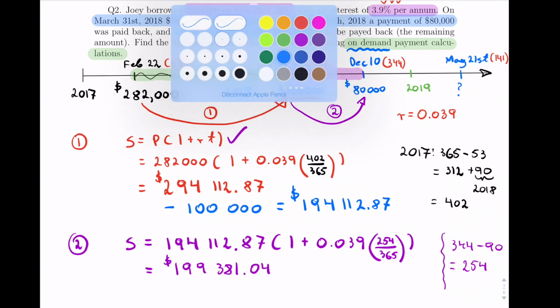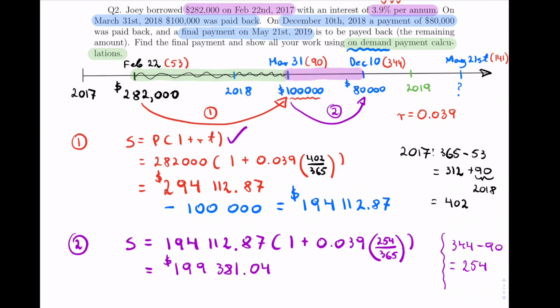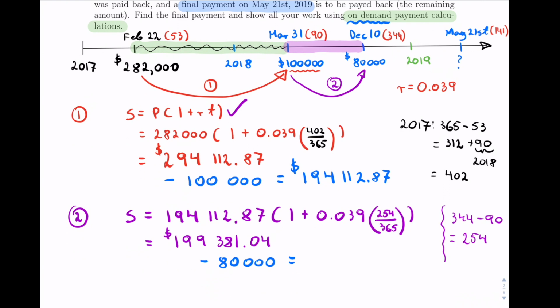And now we pay off, so minus the 80,000. Okay, and our debt is smaller, ever so.